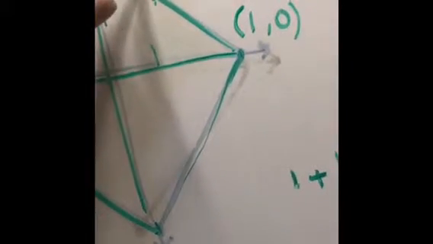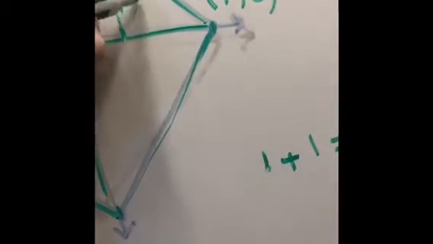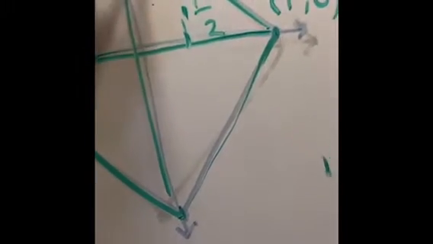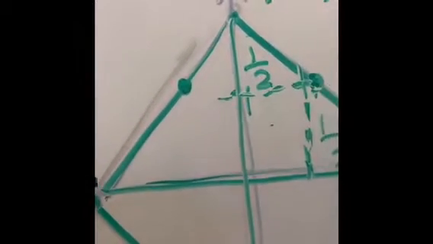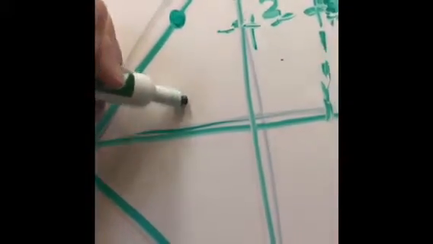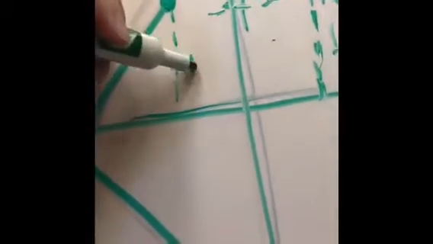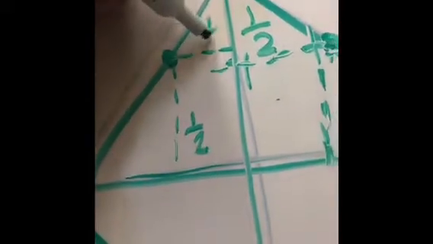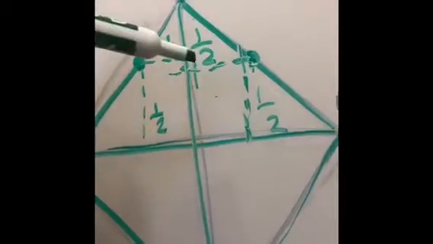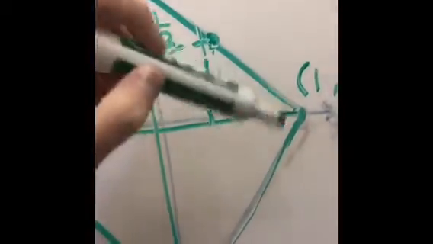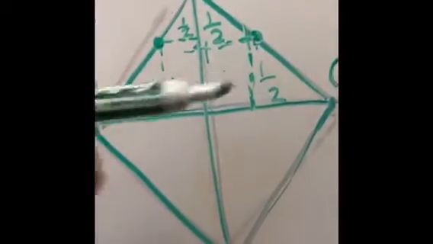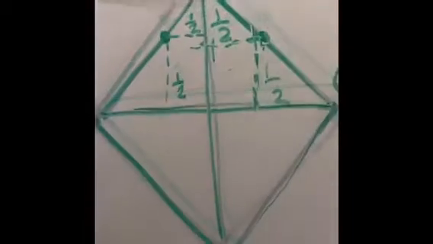So this part here is going to be 1/2, and this part as well is going to be 1/2. Same thing over here, 1/2 and over 1/2. So now we know that this point here is 1/2 up, 1/2 over, 1/2 up, 1/2 over from our original point. So the new points here would be (1/2, 1/2) and then (-1/2, 1/2).